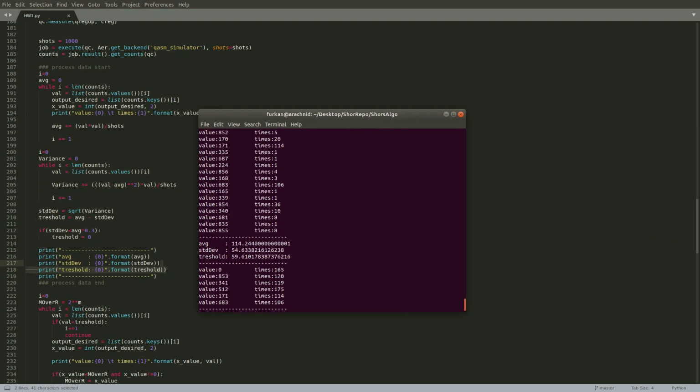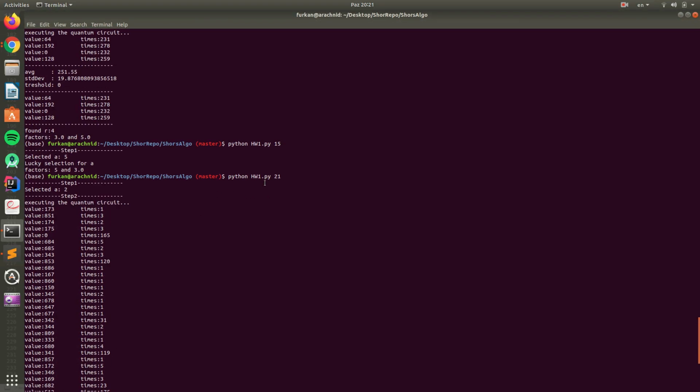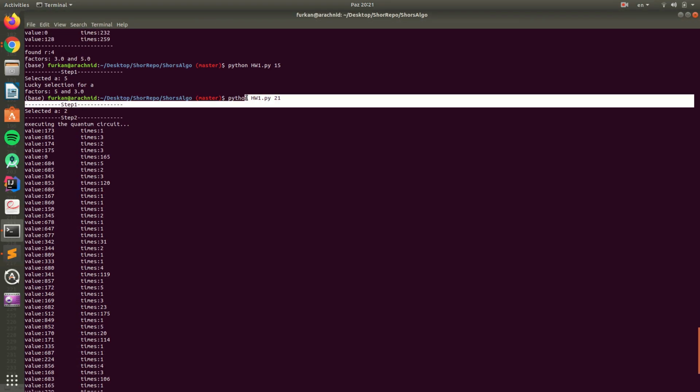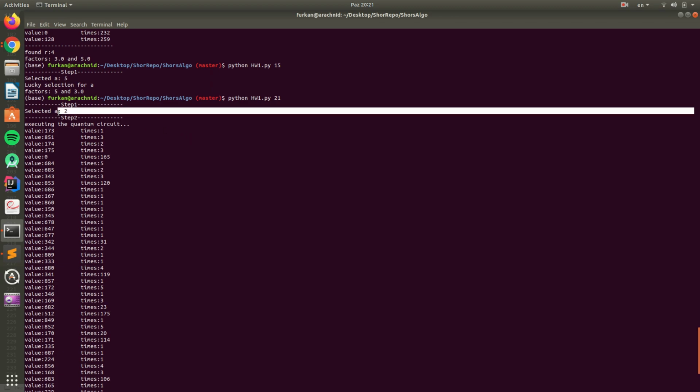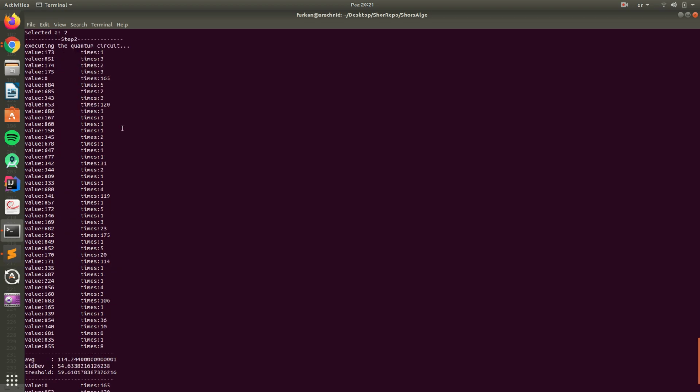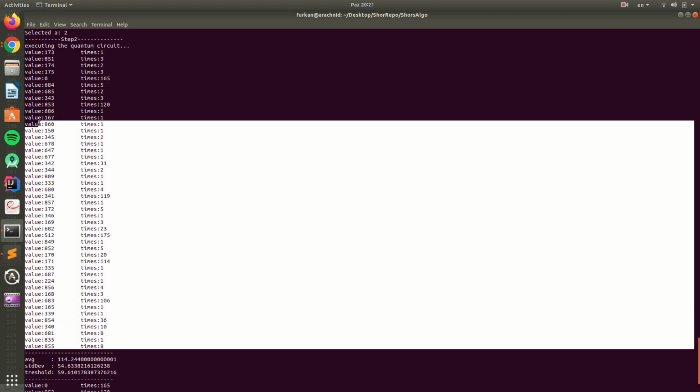I run the program for 21 here, for example, because 21 gets a bit long. I run it for 21, and it selected A as 2 in step 1, and step 2 is to execute the quantum circuit, and we get this result.